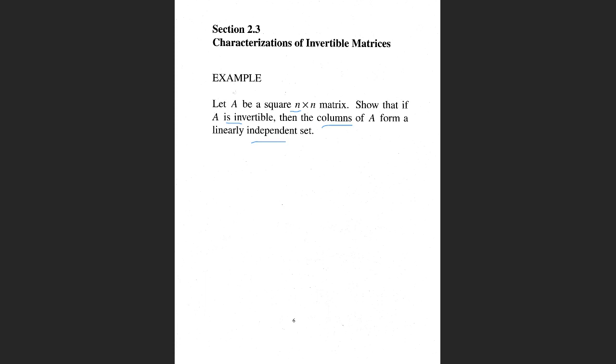In other words, in the invertible matrix theorem, we're showing that statement A implies statement E. That's what we're proving here.